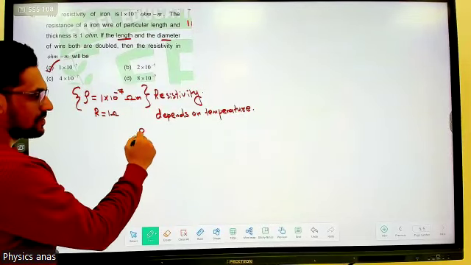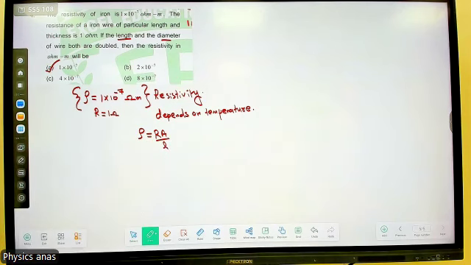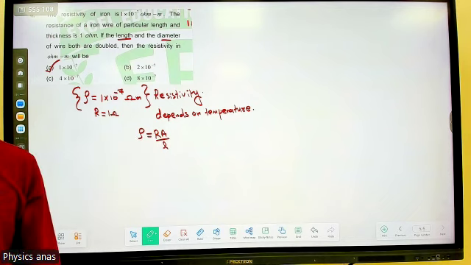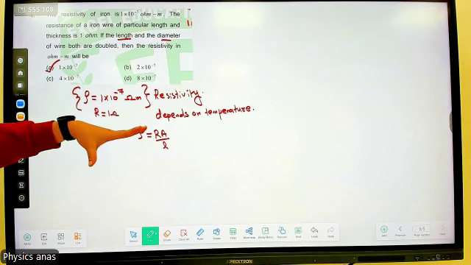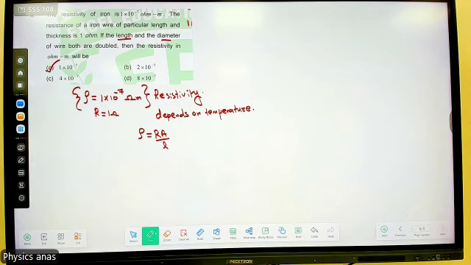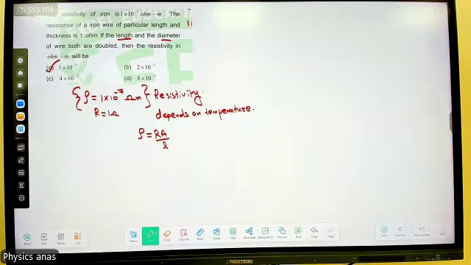Rho is equal to R A by L. What is this equation for? This equation is to find the resistivity if resistance, area, and length are given. If the length and diameter of wire both are doubled, it's the same material. If it's the same material, resistivity cannot change.